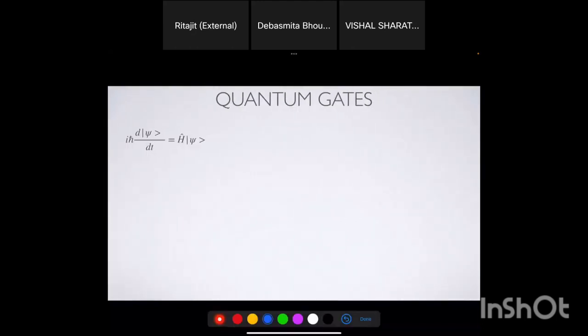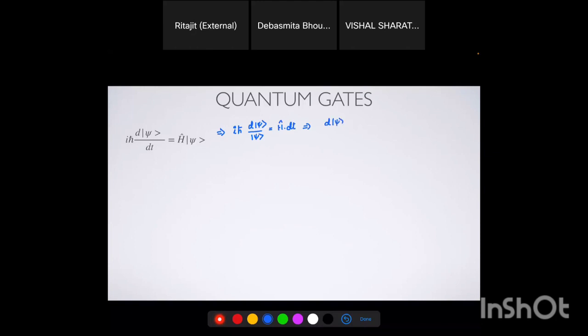So again, we will take a dip into the Schrodinger equation. This was the Schrodinger equation. How can we solve it? It is not difficult if you see. We can simply write this as i h bar d psi, taking psi below here, is equal to H dt.